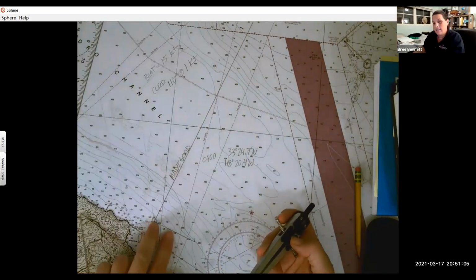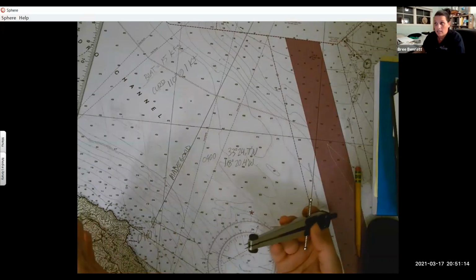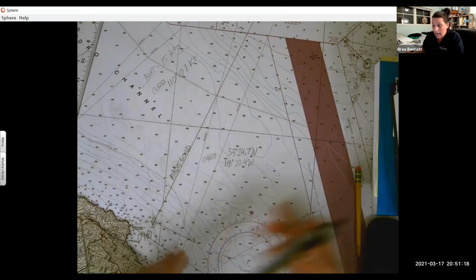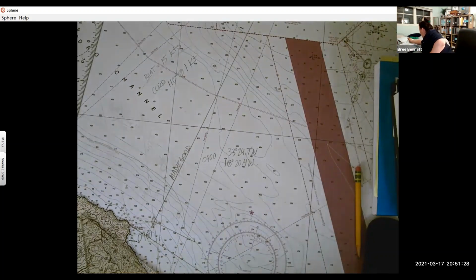So my distance on my current line is going to be 0.5, half of 1 knot. So in 30 minutes, it's going to push me half a nautical mile. Does that make sense? Okay. Make it half.